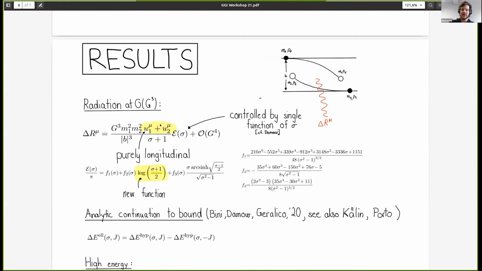Something that we already heard is that the radiated energy at this order is purely longitudinal, and it can be written in terms of a single function of the relativistic factor. There's a new function which appears only in the radiative sector, and also in the radiative energy.